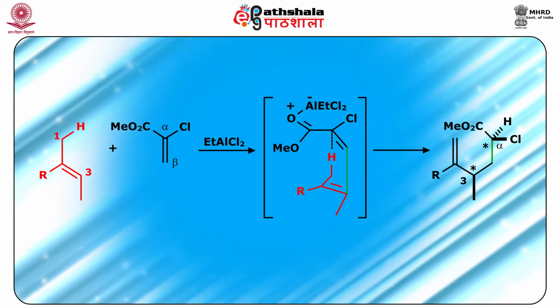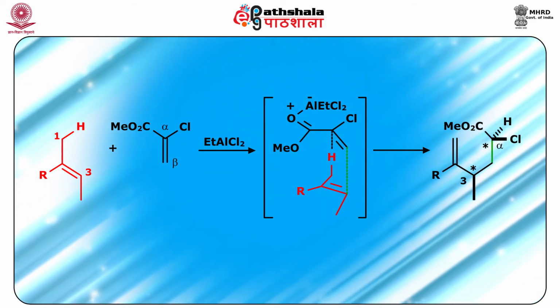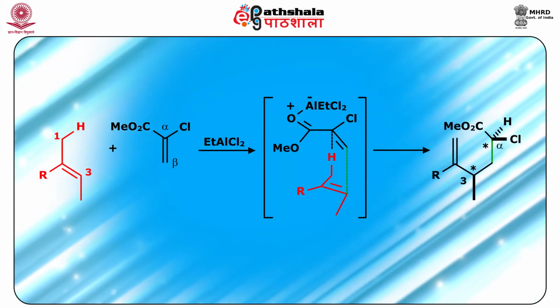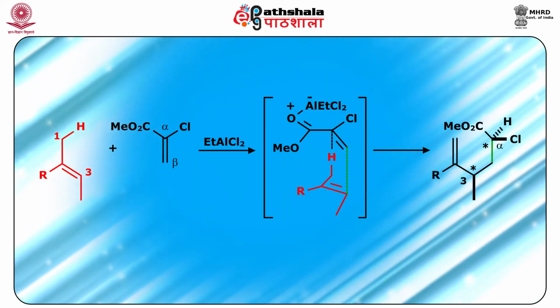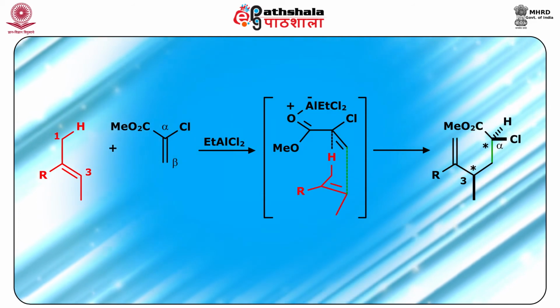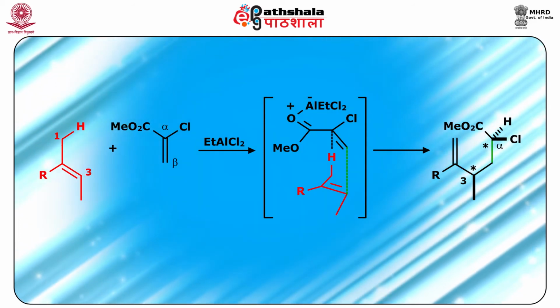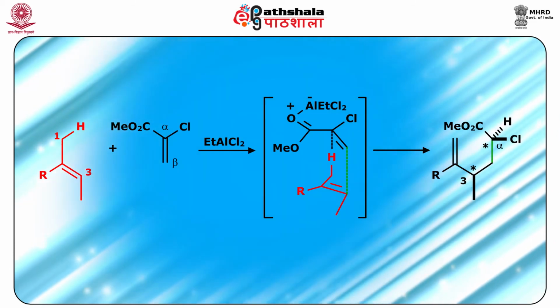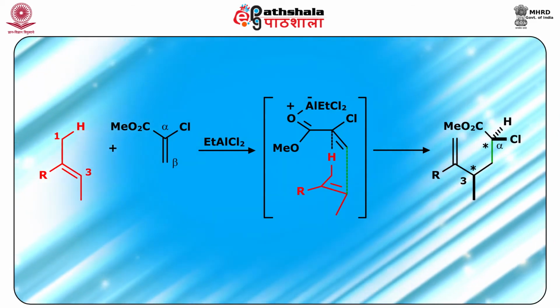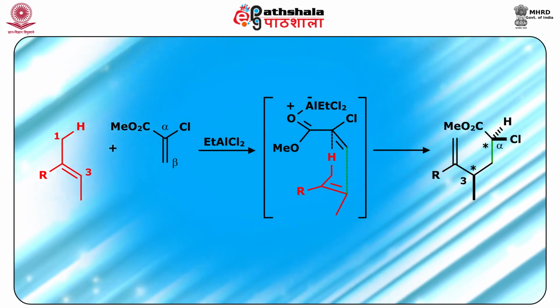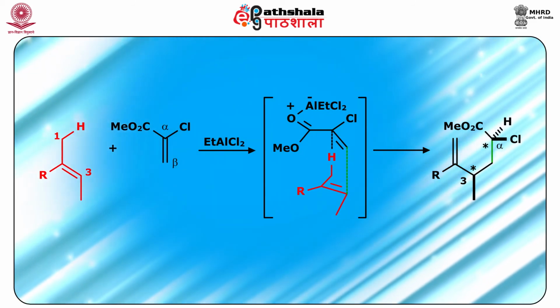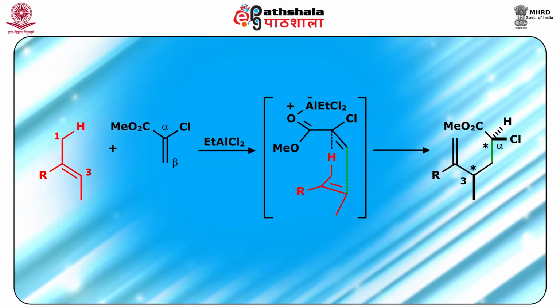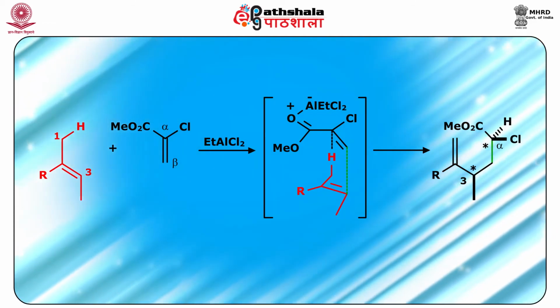leaves from the same surface of the ene as the surface to which the carbon-carbon bond is forming, and the hydrogen atom is delivered to the same surface of the enophile as the forming carbon-carbon bond, so that both components are reacting as suprafacial components.